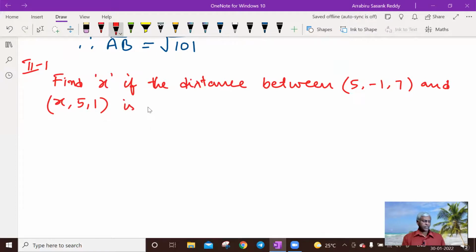And the distance is 9 units. Already the distance is given, we have to find the x value.